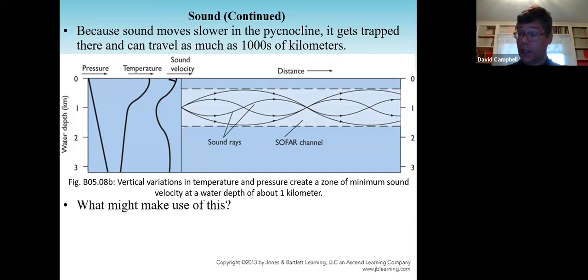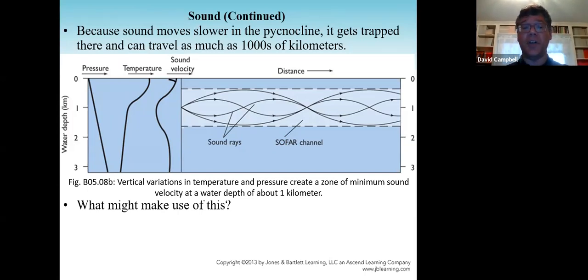So sounds in the pycnocline travel vast distances across the oceans, whereas above or below, the sound is spreading out more like we typically expect it to up here in the air.